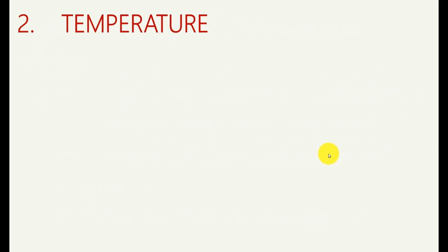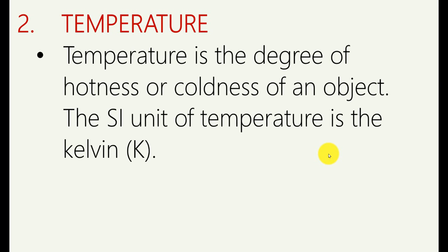So the second term that you have to know, like you've heard before, is temperature. What is temperature? Temperature is defined as the degree of hotness or coldness of an object. Actually, in other books, they will say it is the measure of the internal energy, the thermal energy of an object. But here we're just saying simply that temperature is the degree of hotness or coldness of an object.